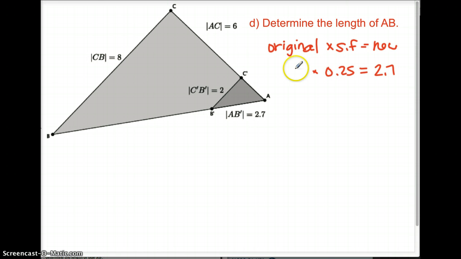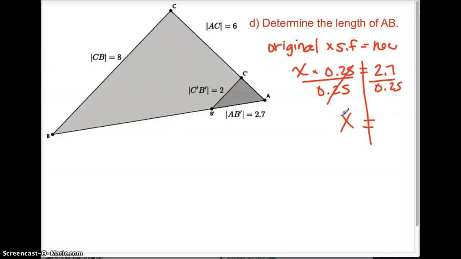And I don't know the original, that's what I'm trying to figure out. So to solve this, since the problem says x times 0.25, I'm going to divide by 0.25 and pull out my calculator. I'm just going to type in 2.7 divided by 0.25, and I get 10.8. So that's the length of AB.